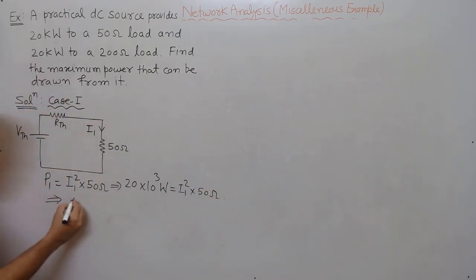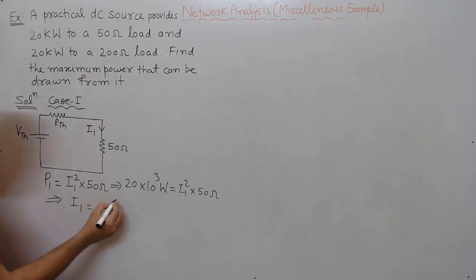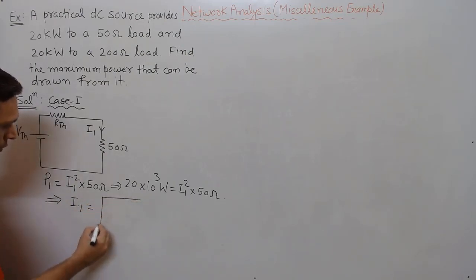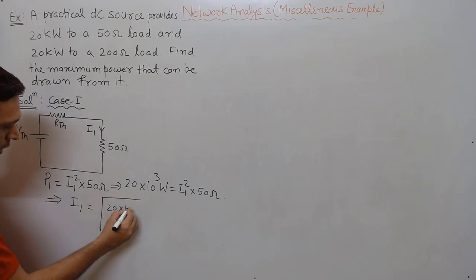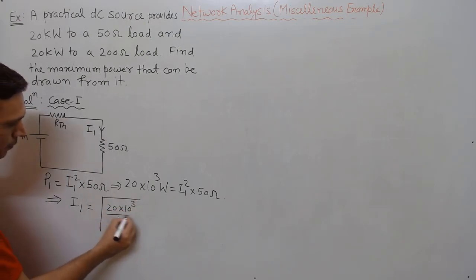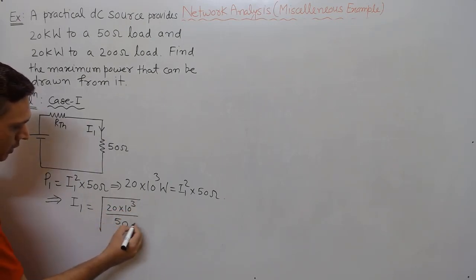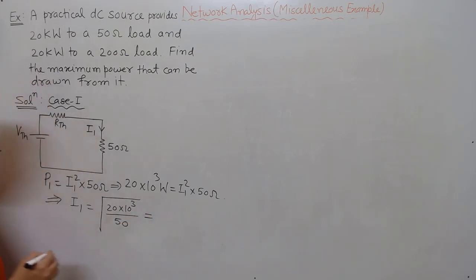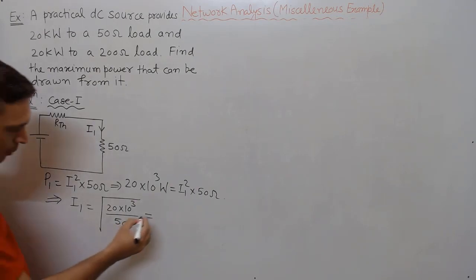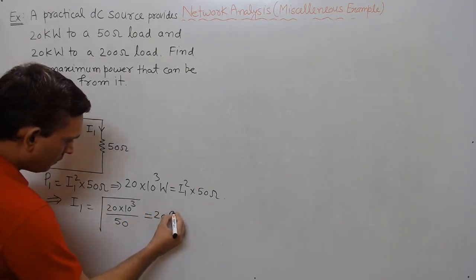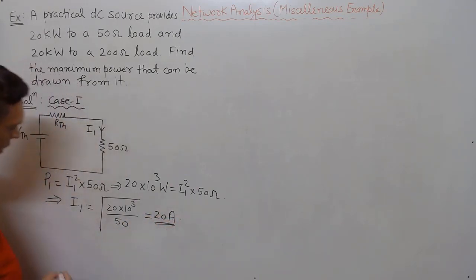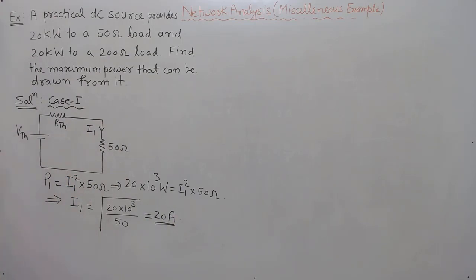So what will be I1 here? I1 will be under root of 20 into 10 to the power 3 by 50. So if we solve this, this will be 20 ampere. So I1 is 20 ampere.